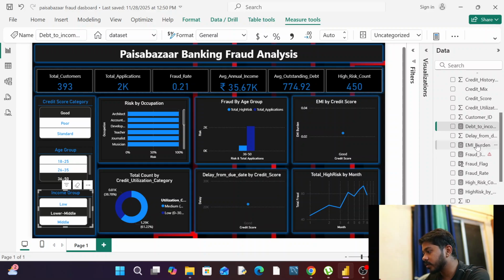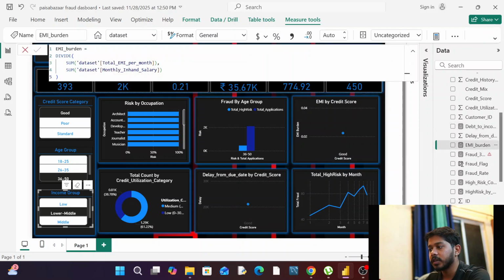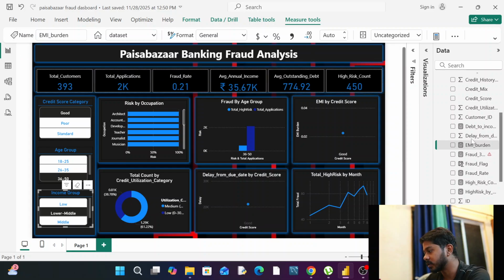The next KPI that we made was EMI burden, that is how much EMI burden there is on a person. For EMI burden, we divide the sum of the total EMI paid per month, the amount of EMI one person pays per month, by the sum of the total monthly in-hand salary, the income he has per month. Total EMI divided by income per month gives us the EMI burden on that person.